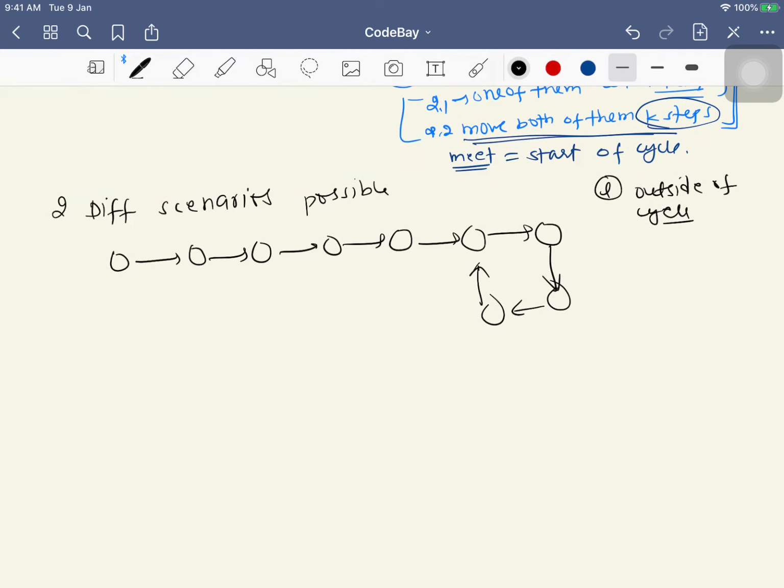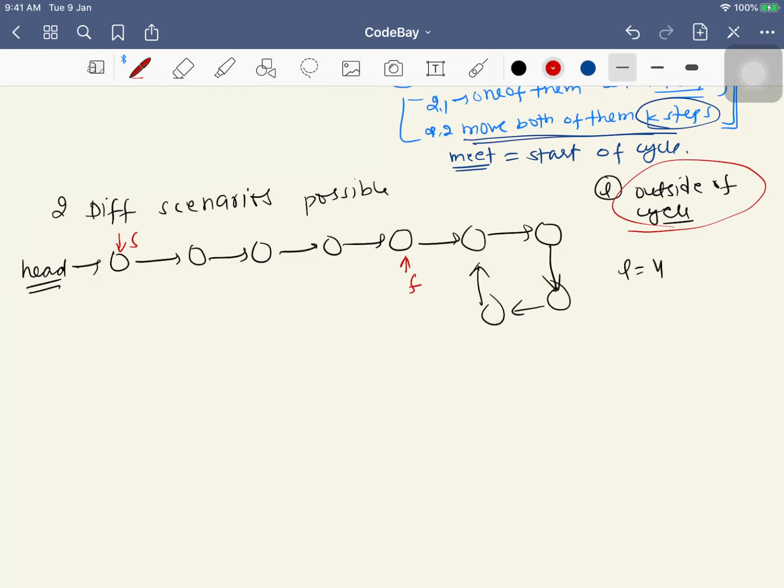Here that point will be outside. How would that be outside? Let's see. The length is 4, right? Now we move both the pointers to the start, and then we move F by 4: 1, 2, 3 and 4. Now the point where F is pointing is outside of the cycle.